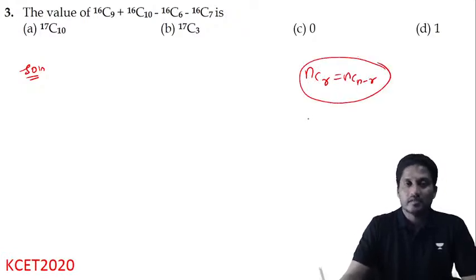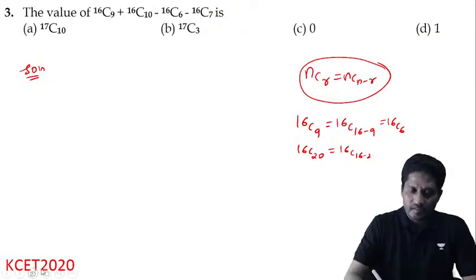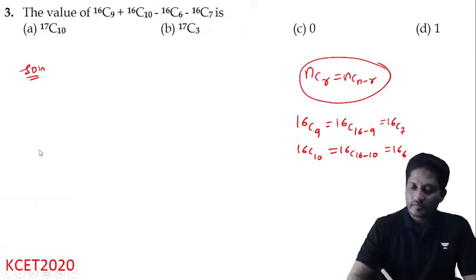So 16C9 is the same as 16C 16 minus 9, which is equal to 16C7. And 16C10 is the same as 16C 16 minus 10, which is 16C6. 16 minus 9 is 7 and 16 minus 10 is 6. Now I'll substitute the values.